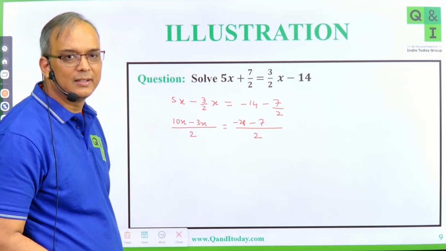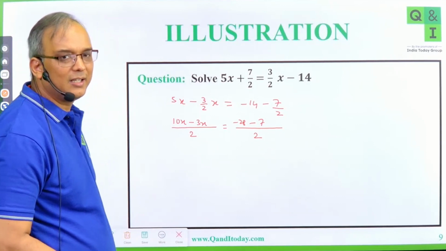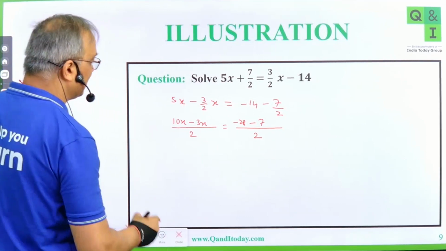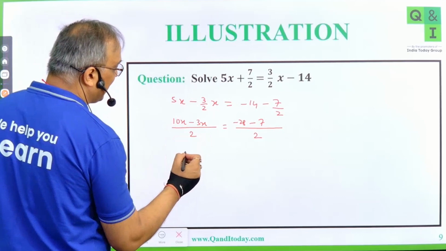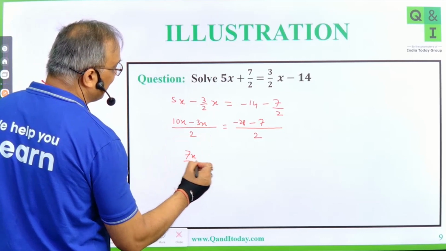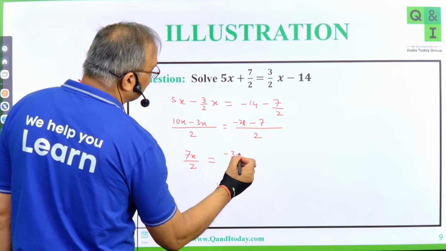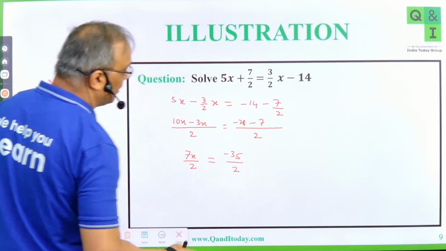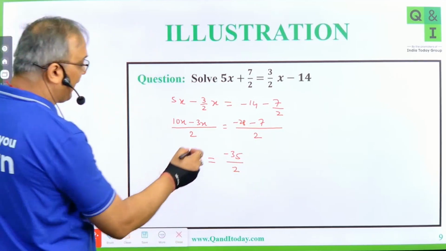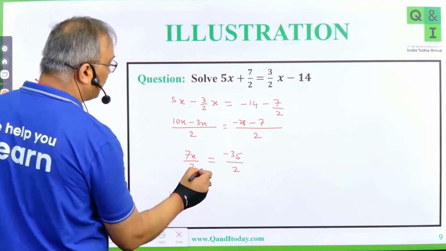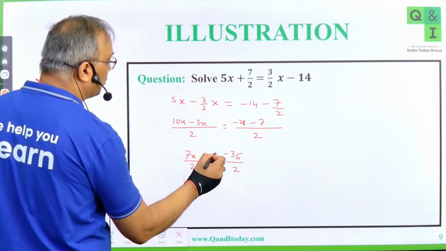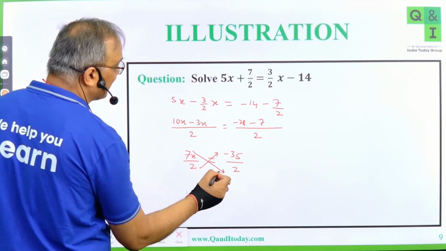Right? Dayal, no, the answer is not correct. Just check it. 10x minus 3x by 2. So 10x minus 3x is 7x over 2. Minus 28 minus 7 is minus 35 over 2. If I have to find the value of x, I'll take 2 here and 7 here.